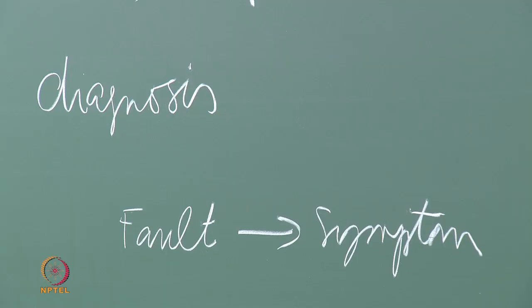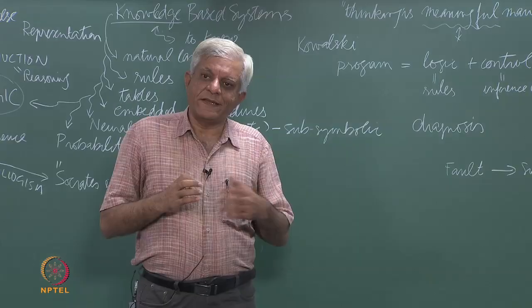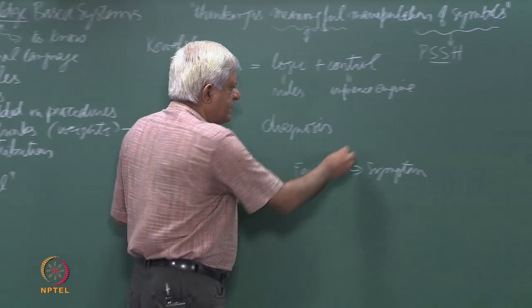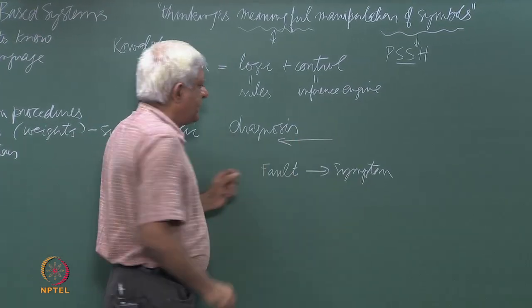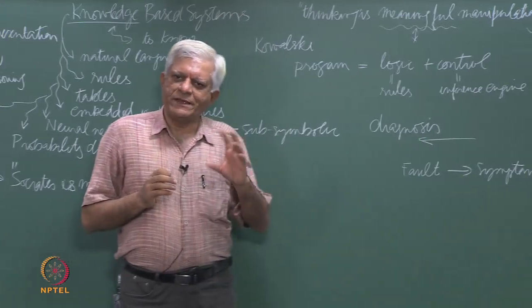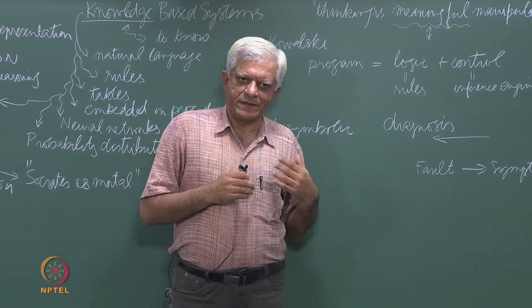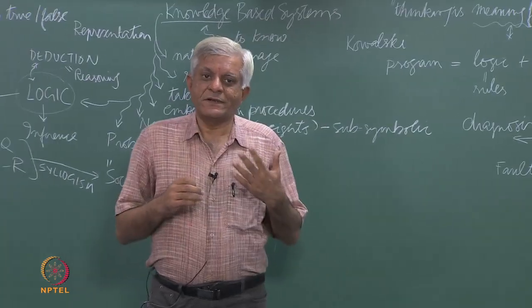In the real world, something has gone wrong, and therefore, we can see the symptoms of it as it having gone wrong. But in diagnosis, we move in this other direction. We look at a symptom and we jump to a conclusion, or we make an inference that this is a fault essentially. And these are not necessarily correct.